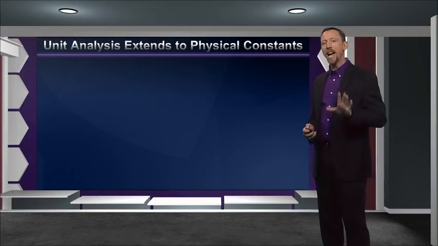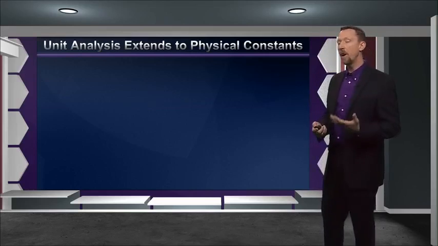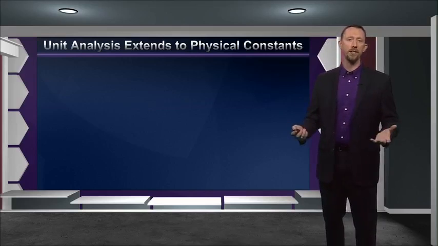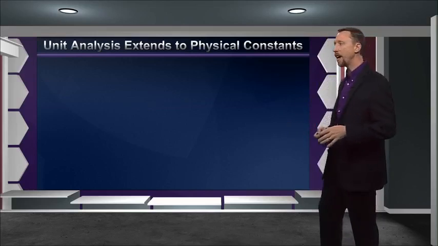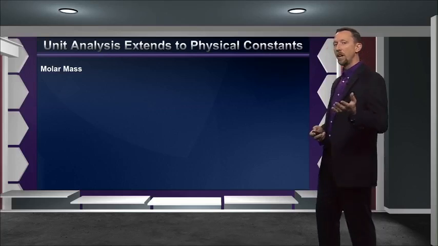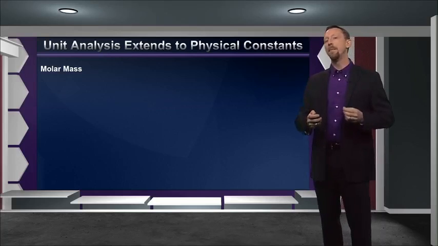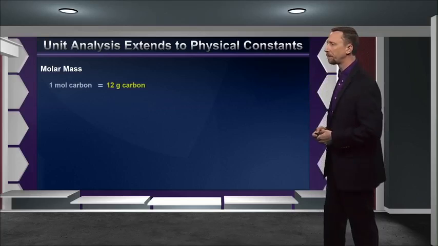And this doesn't stop just at converting units. They also extend to a number of physical constants and other types of equalities that we can find in nature. One example of this is what we call the molar mass of an element or molecule.